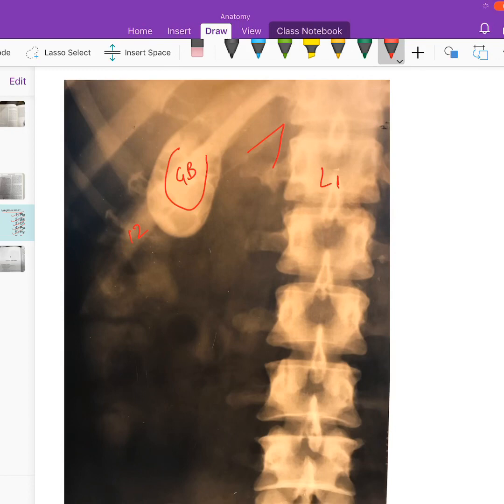The position can be variable in normal subjects, but if in this cholecystograph the gallbladder is not seen, then it means possibility of markedly impaired liver function or chronic cholecystitis or pyloric obstruction.